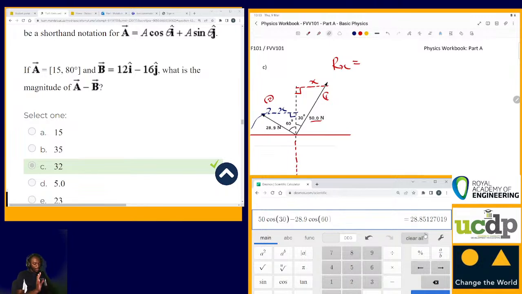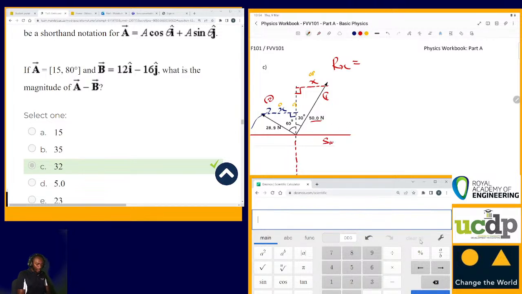Right, so looking at the orientation of my triangle there, this is where my adjacent is. And our X in this case is the opposite. Which means that to find X, we should use the sine ratio.